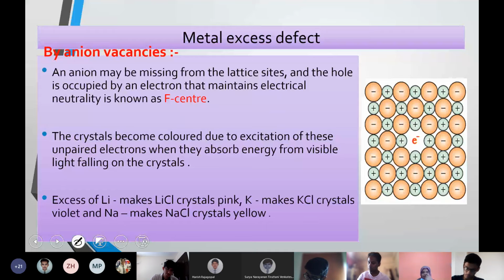As you can see in the diagram, it's very important, because most of the questions from imperfection are either on Schottky defect or they ask about F centre. So it's very important to know what an F centre is and its importance in the crystal. Here you can see it's an ionic compound. Positive and negative ions are arranged, and you can see one negative ion is missing.